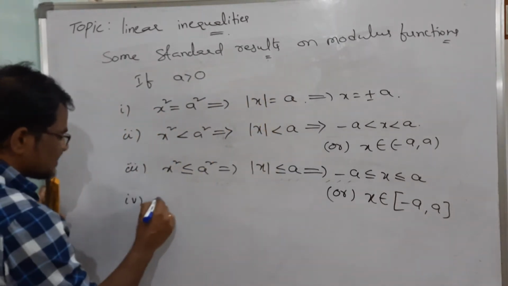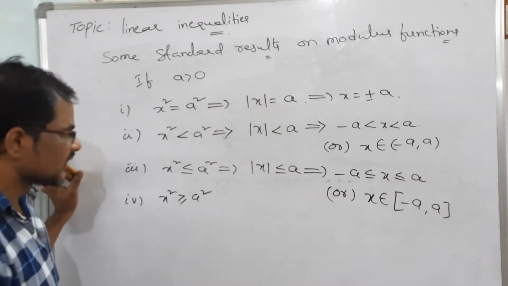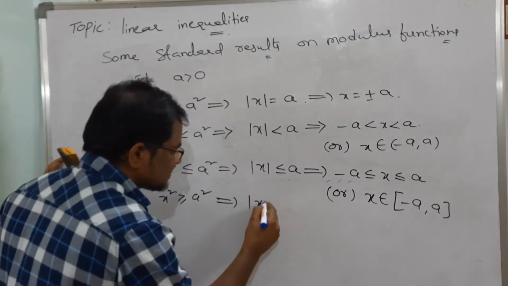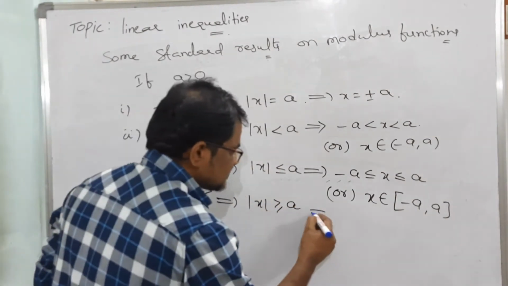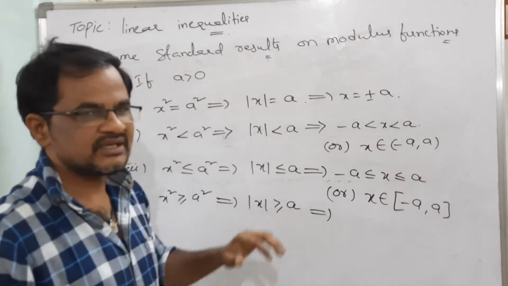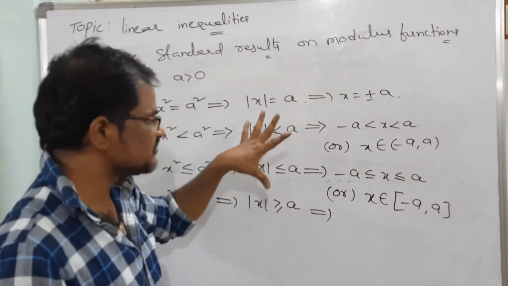Next, fourth one is x square greater than or equal to a square. What is the meaning? That implies mod x greater than or equal to a we have to write. Definitely we can expect one problem from this chapter, and maximum problems are based on this one only.